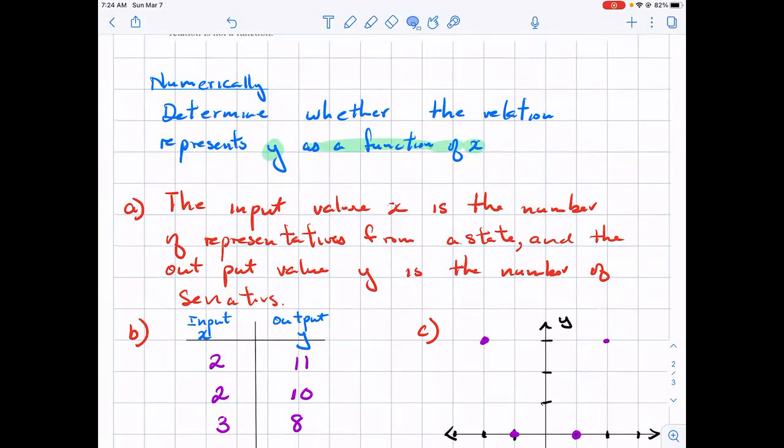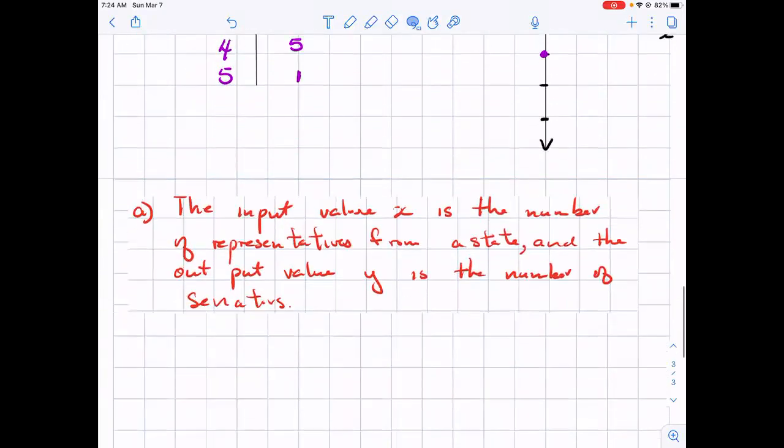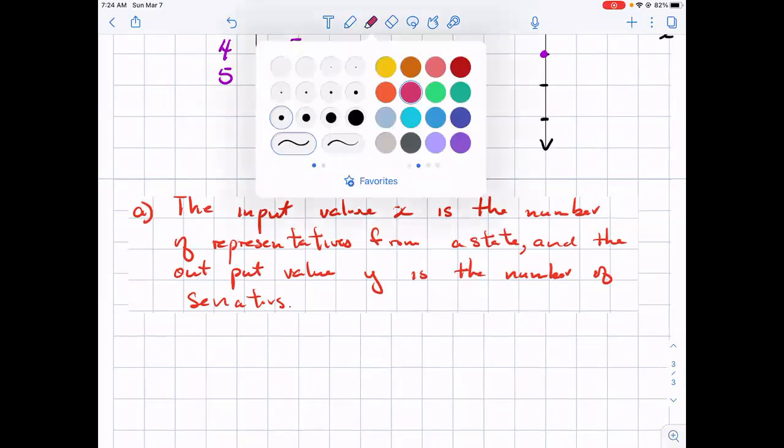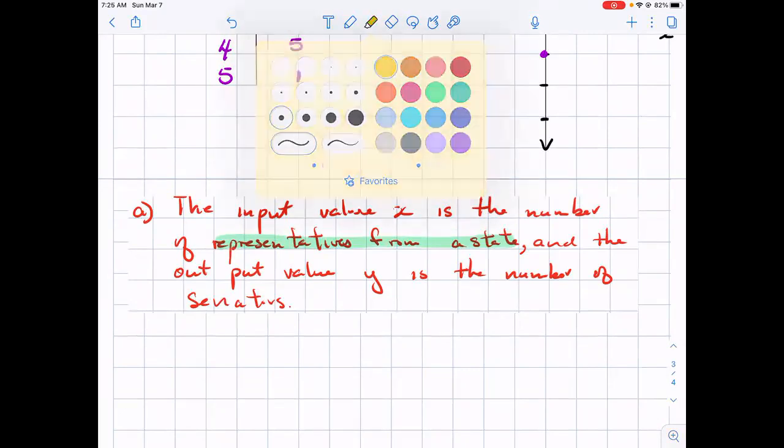The input value 2 is matched, regardless of the value of x, the value y is 2. It doesn't matter how many representatives we have, but the output value for each state is the same.